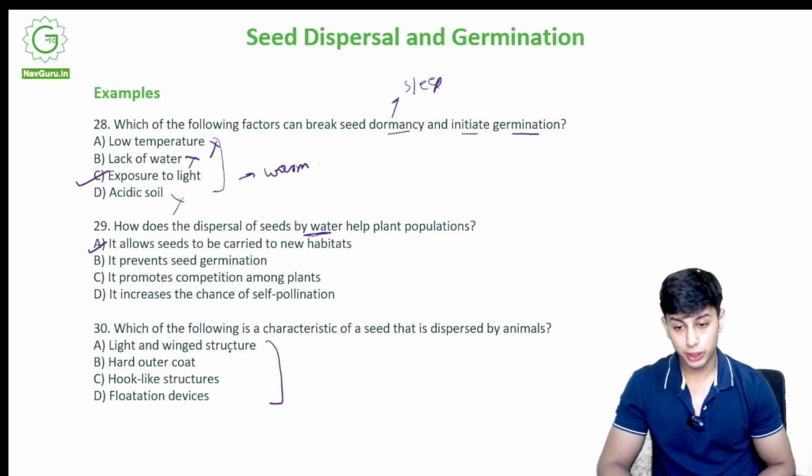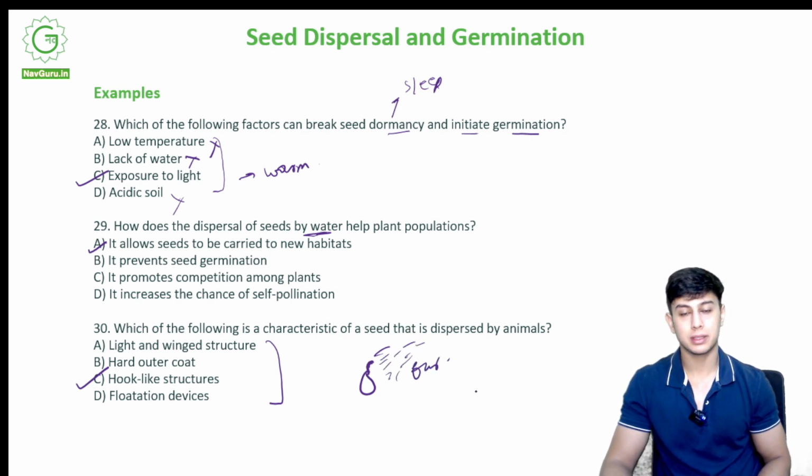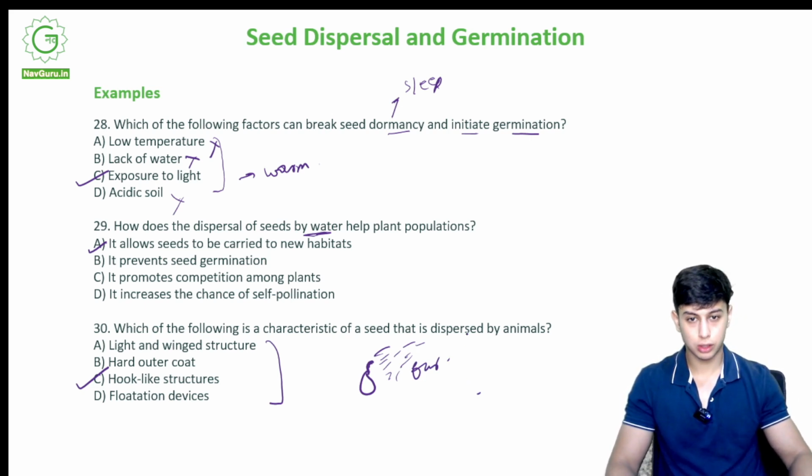Hard outer coat, a hook-like structure, flotation devices. The correct option is the hook-like structure, so that it can hook onto the fur, right? So a seed with a little bit of a hook-like structure will get attached to the fur and disperse itself.